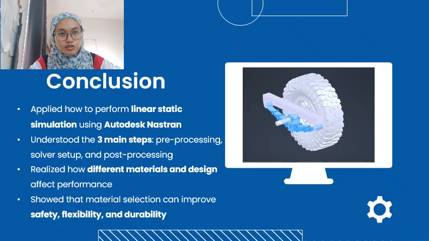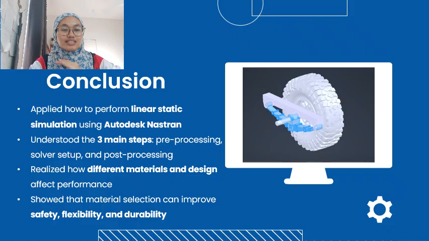Lastly, for the conclusion, what I can conclude from this project is that we have learned how to perform linear static simulation from our lab and apply it in this project by using Autodesk Nastran. Now, we understand that to perform this simulation, there are 3 main steps: pre-processing, software setup, and post-processing.